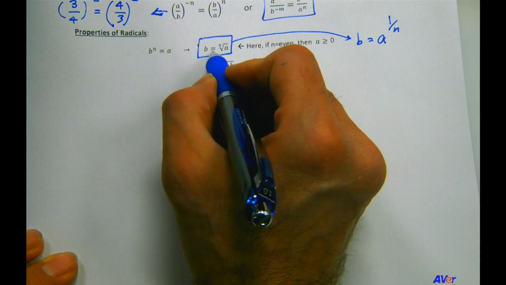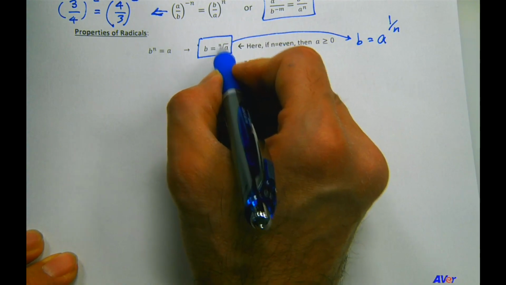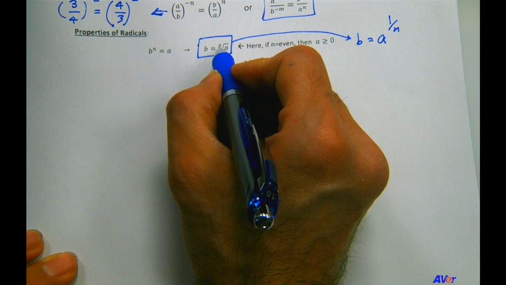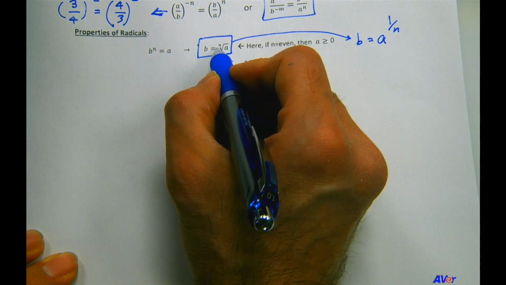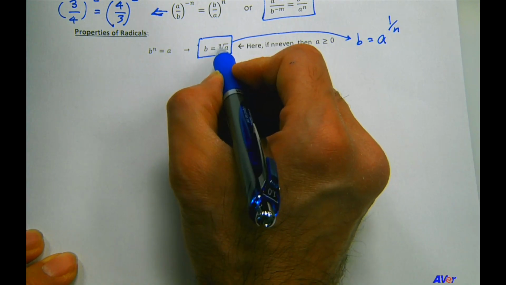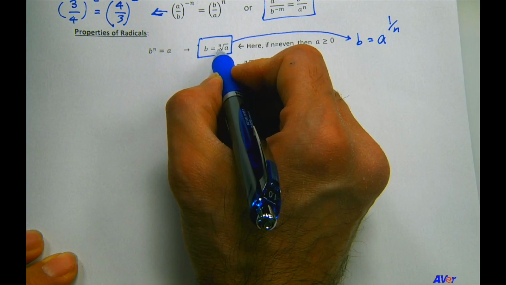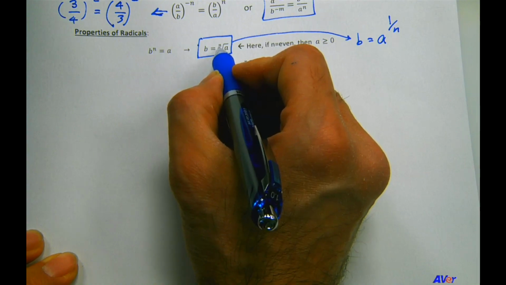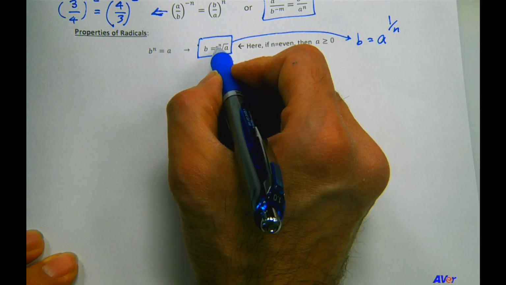As you know, by mathematical convention, if n is 2, we usually don't write it. In introductory algebra books, they write it. But usually, when that index number n is missing, it means that we are taking the square root. If it's any number other than 2, like 3, 4, 5, and so on, we have to write it.